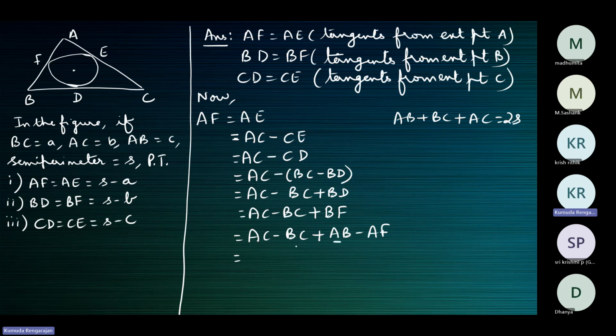You can see AB here, BC here, AC here. But it is AB minus BC plus AC. It's minus BC. But we want plus BC. So whatever you want, you introduce.